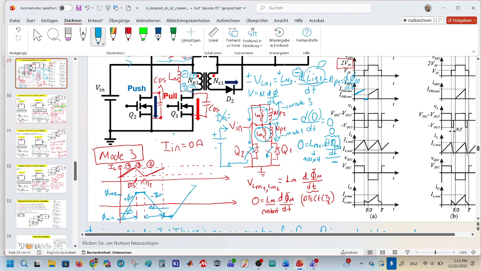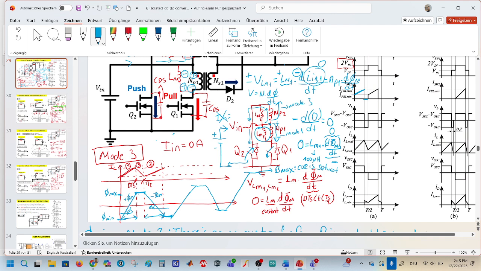It goes again, and here maybe the maximum magnetic field intensity has been reached and the core doesn't work anymore. The core is saturated, and we must avoid this point here.